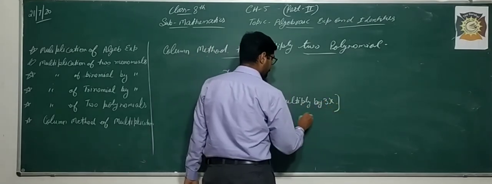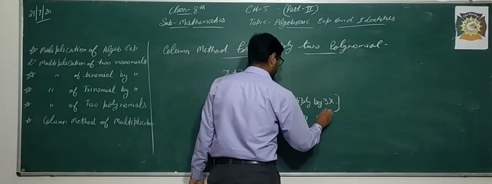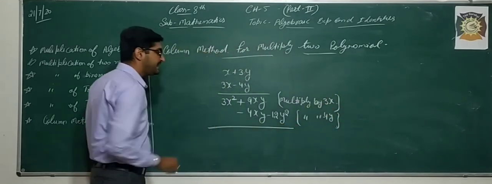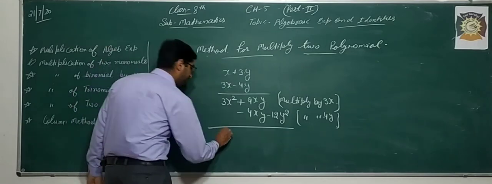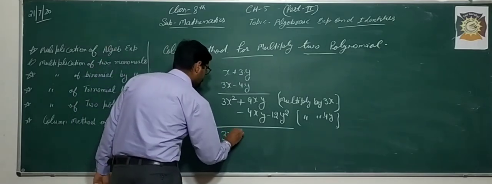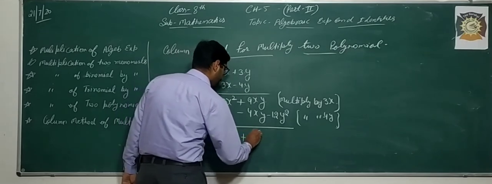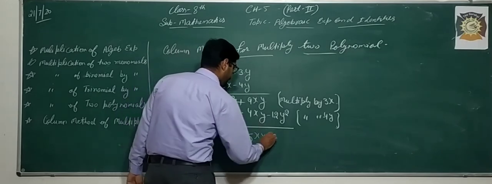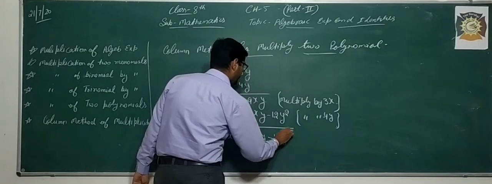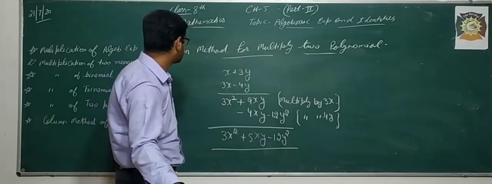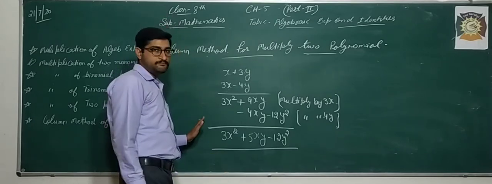This is basically the multiply by minus 4y, and when we add these terms, this will be 3x square plus 5xy and minus 12y square. This is the product by the column method.